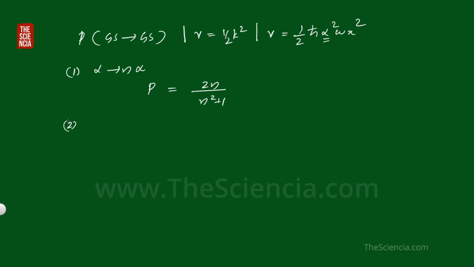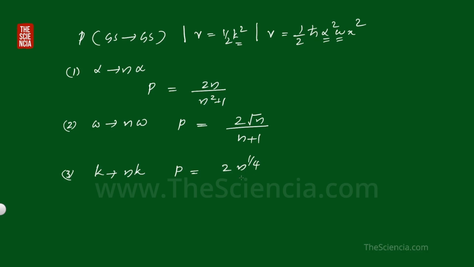If omega is changing to n omega, so the potential is changing, then the probability will be equal to 2 root n by n plus 1. And the third one, if k is changing to nk, then the probability will be 2 n raised to 1 by 4, over root n plus 1.